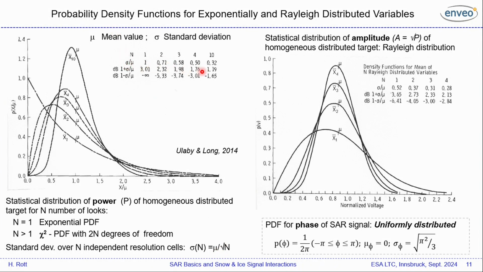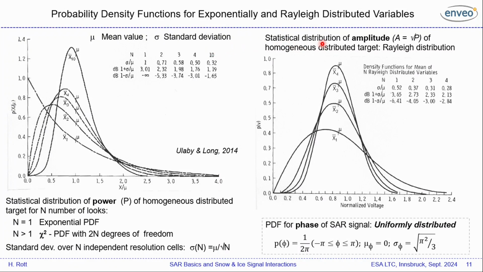This shows some numbers here in dB. For example, with 10 looks, we have plus 1.2 to minus 1.6 dB. That is for 10 pixels, 10 independent looks or resolution elements.